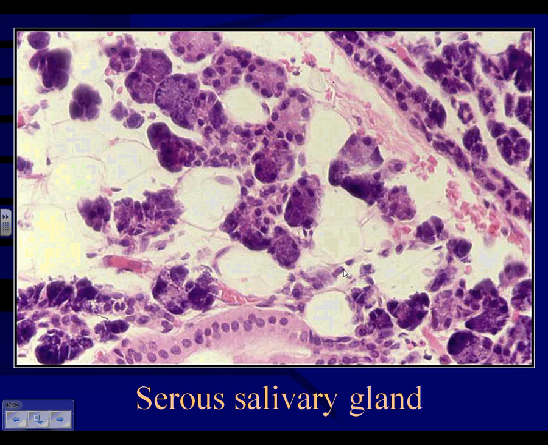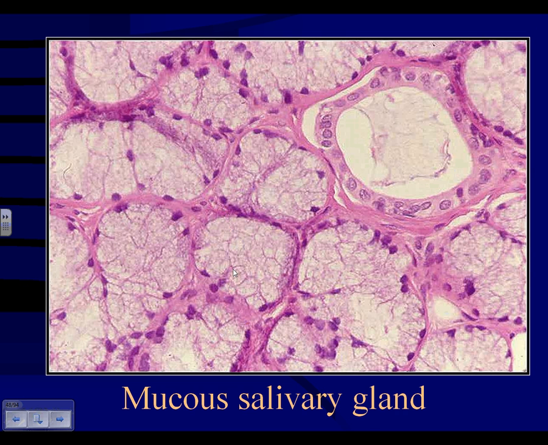If you stick a needle into a normal salivary gland, you're going to see little fragments that look like this, little grape-like structures with some admixed fat and maybe some duct. You might also see some mucous salivary gland. The most important thing is to know what's normal in the site that I'm looking at.